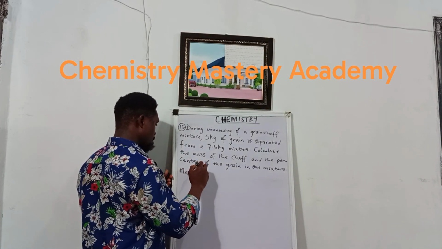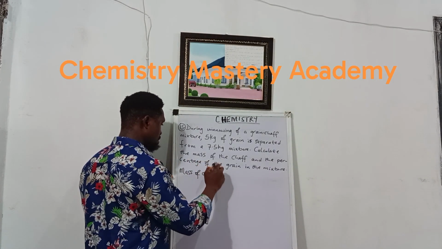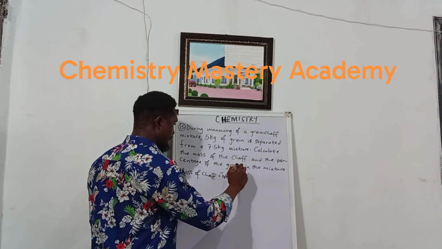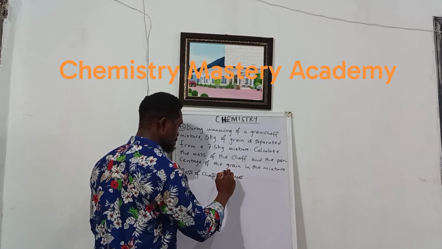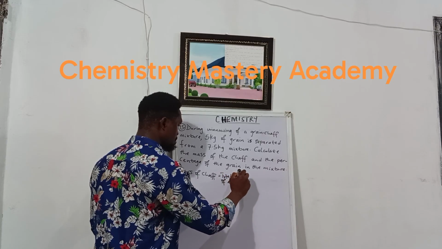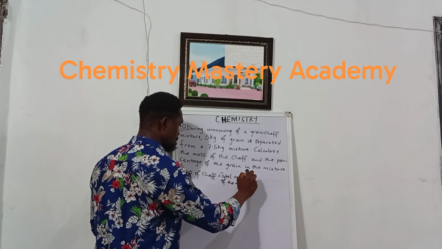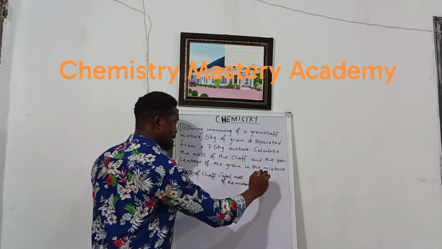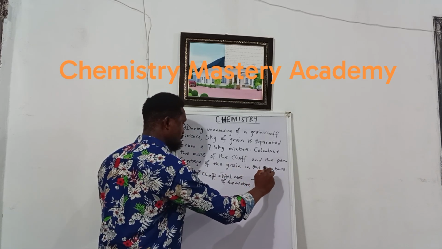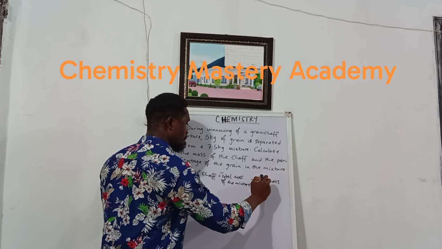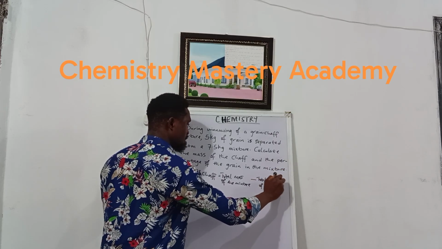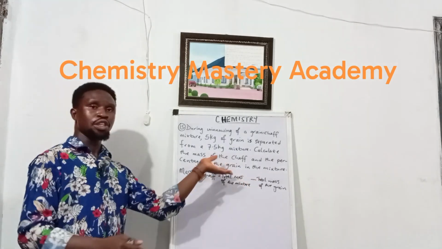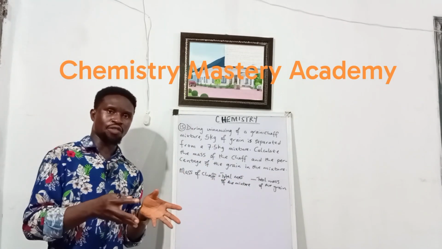Mass of chaff will be the total mass of the mixture minus the total mass of the grain.